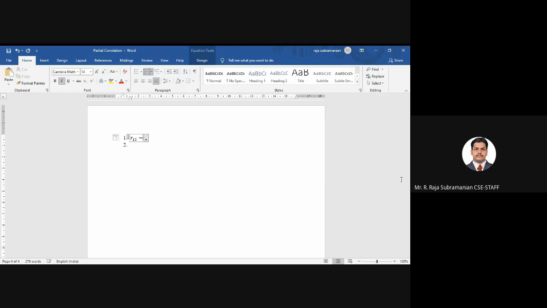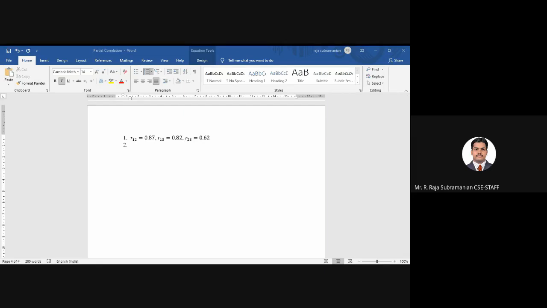R12 is equal to 0.87, and R13 is 0.82, R23 is equal to 0.62, right?